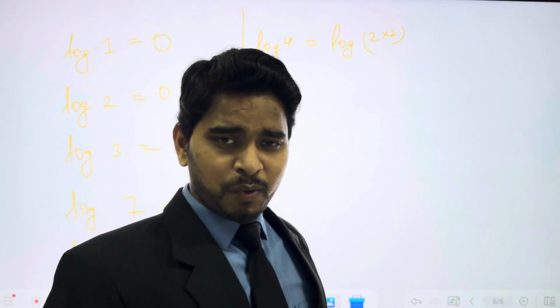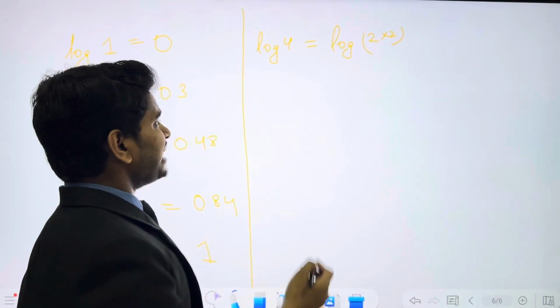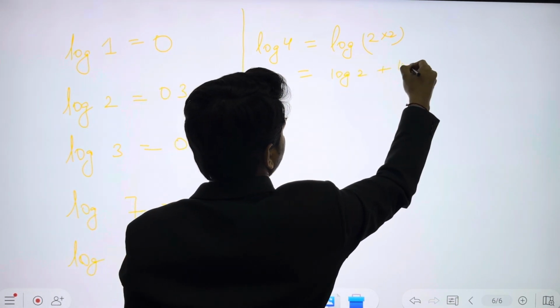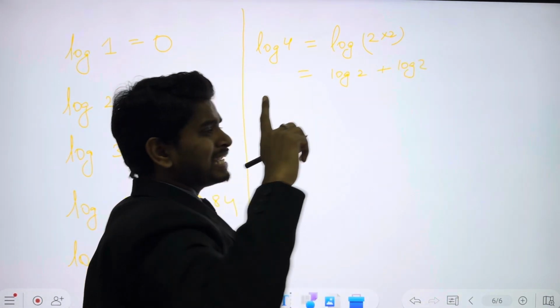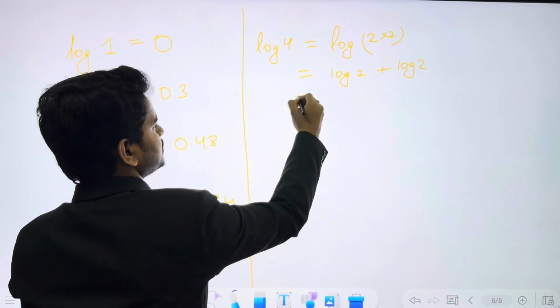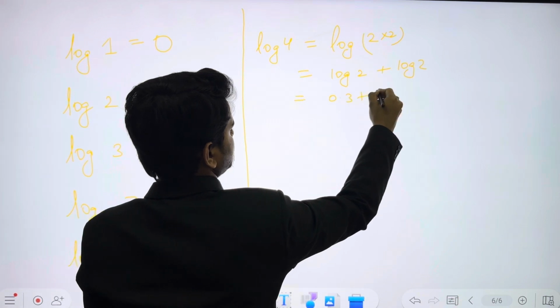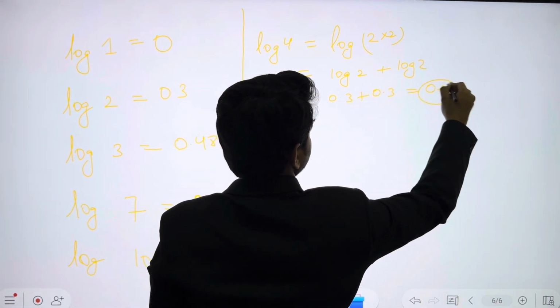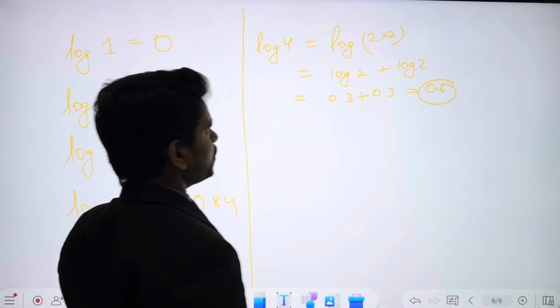And this can be written as log 2 plus log 2. I believe you remember the property: log A into B can be written as log A plus log B. And we know the value of log 2 is 0.3. So 0.3 plus 0.3 is equal to 0.6. That's the value of log 4.